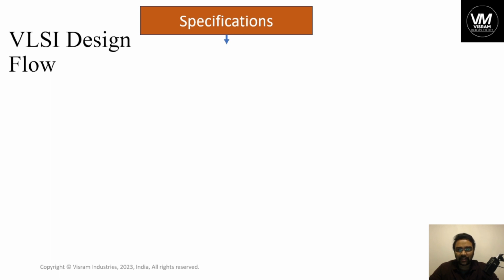From different clients or customers, we collect the specifications and we design. For example, take the Intel i7 processor or the Qualcomm Snapdragon 888 processor. We can talk about how many cores it has, what the processing speed is, what the temperature of operation is, and what the power consumption is. Also what battery has to be attached, whether a 4500 milliamp battery or a 5000 milliamp battery.